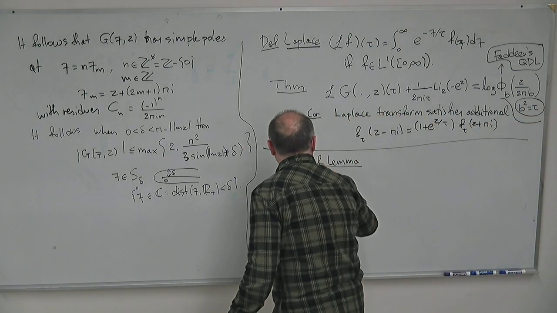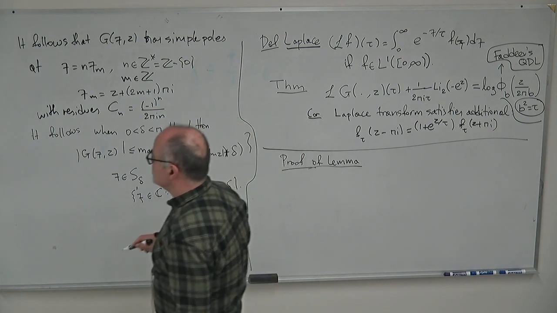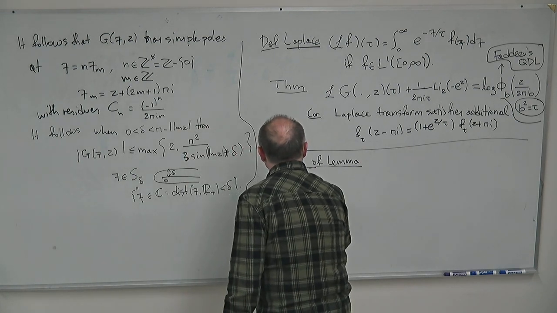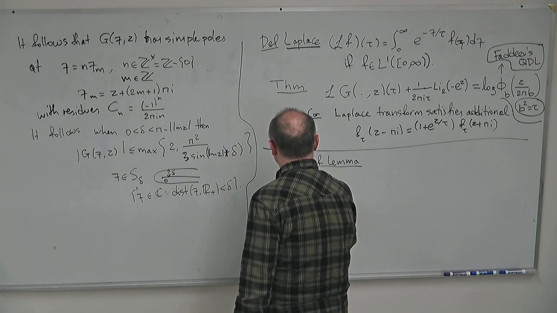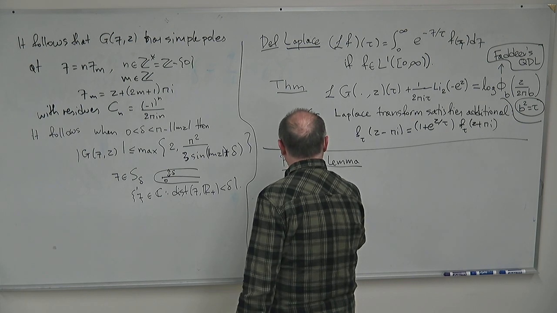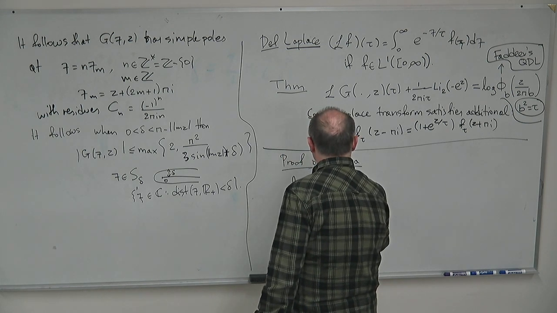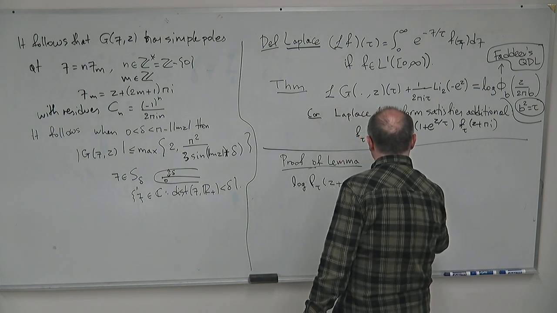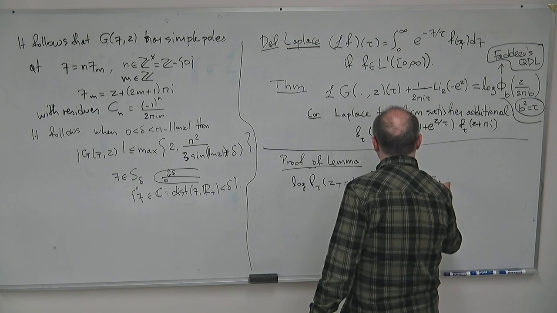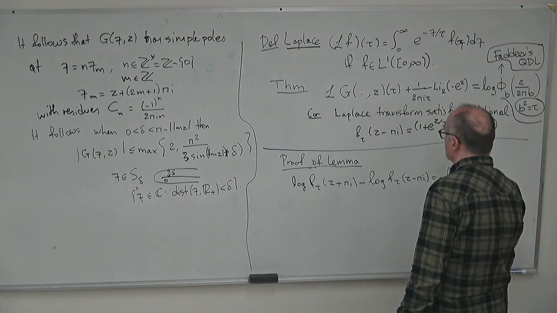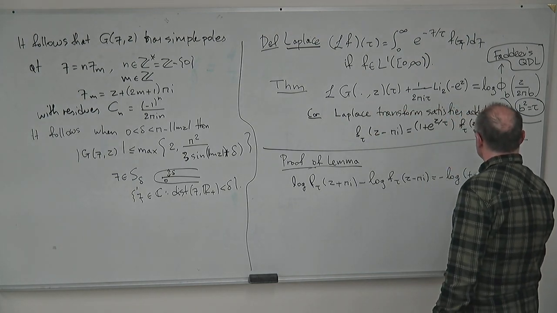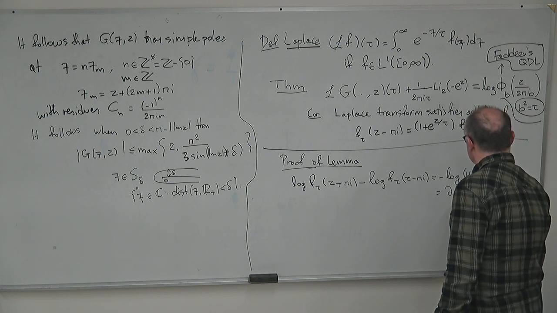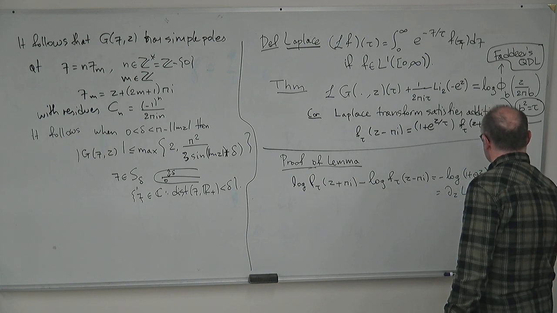Proof of the lemma. That's not very hard because we take the logarithm. The logarithm of f tau of z plus pi i tau minus f tau of z minus pi i tau is minus the logarithm of 1 plus e to the z, which is the derivative of Li2 of minus e to the z.